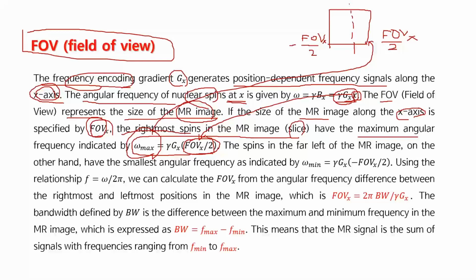So at this position, nuclear spins have a Larmor frequency of this expression. The spins in the far left at this position of the MR image have the smallest angular frequency, as indicated by omega minus FOVx over 2.